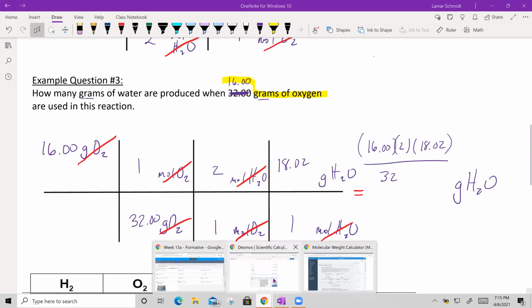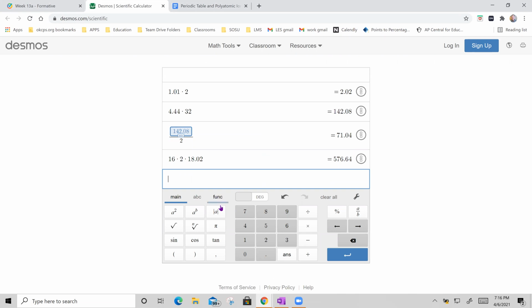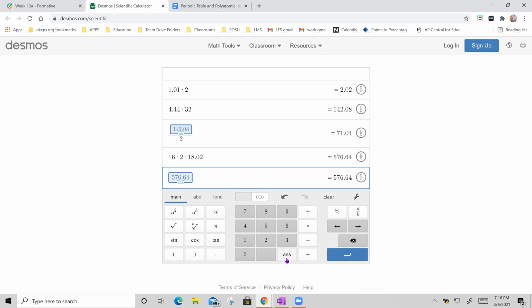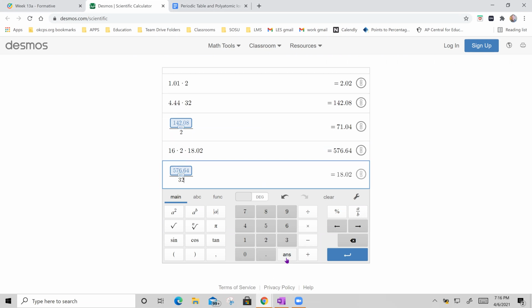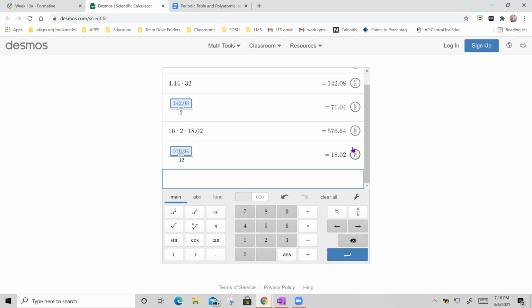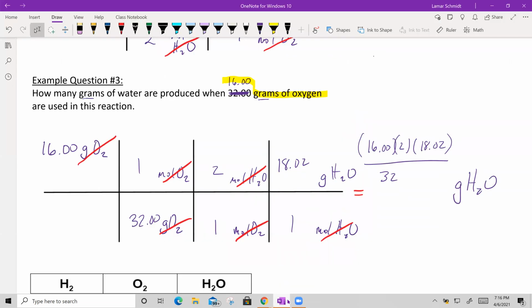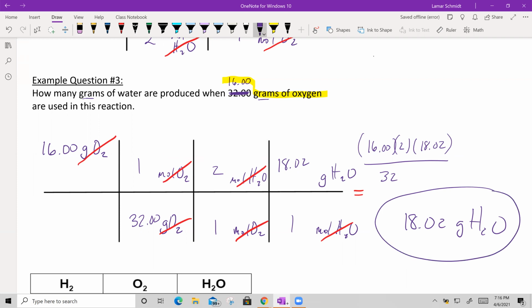All right. And so again, if you want to help yourself go a little bit faster, you hit answer, and then you say divided by 32. And we get 18.02 grams. So 18.02 grams. And just to make sure this is a little bit easier to read, I'm going to say 18.02 grams of H2O. And that is our answer there.